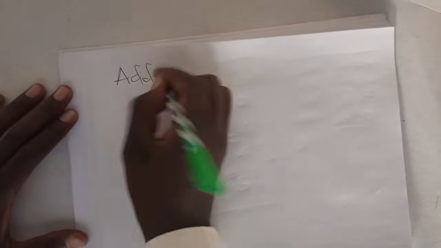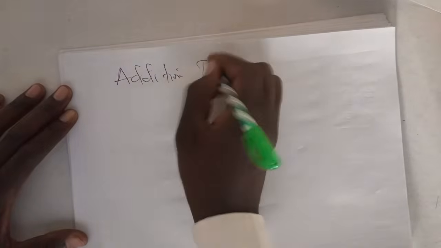The other one, which is my interest because of the video I'm doing, is addition reaction. We have the addition of halogens such as chlorine, so the alkenes undergo addition reaction with halogens.